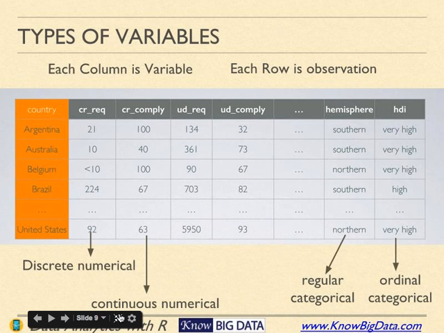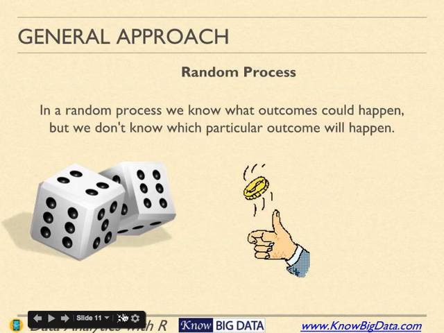Percentage data is continuous. The requests column is discrete numeric. Continuous data means from 0 to 100, all the data will be covered in this range. All right. So that's our normal kinds of data.